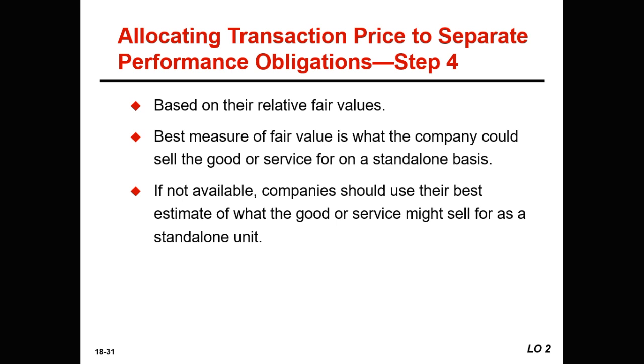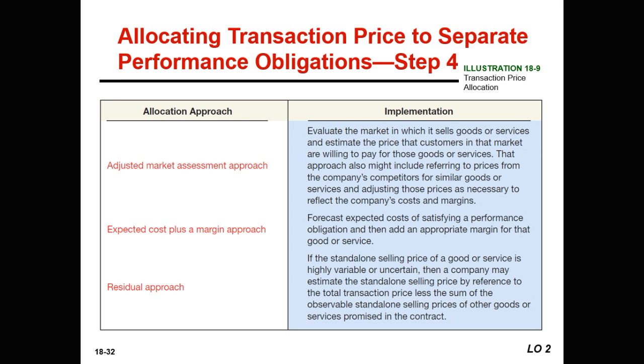To determine what would be the selling price of each of these as a standalone unit, there are a couple approaches. I know you're shocked that GAAP has given us such a large amount of actual guidance, but of course, there are options.